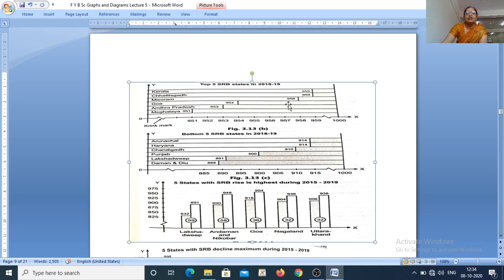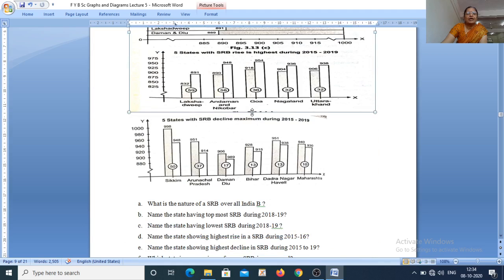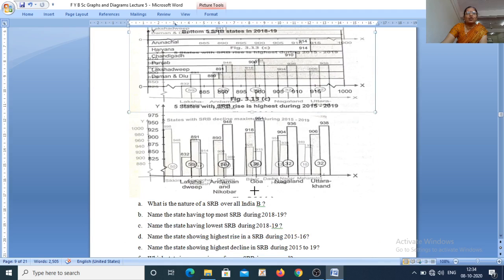In Kerala the sex ratio is 950, in Chhattisgarh it is 950, in Mizoram it is 956, in Goa it is 954, in Andhra Pradesh it is 953, in Meghalaya it is 951. In this way I will take it somewhat large.